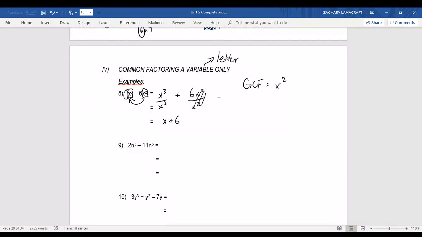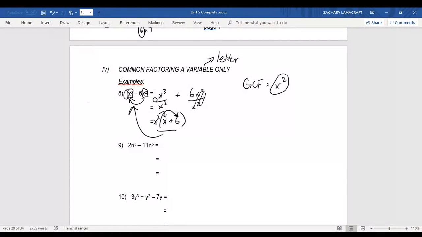So our factored form would be, we take that greatest common factor and put it in front of the bracket, and we're left with x squared bracket x plus 6, meaning if we multiplied this inside of it, we'd come up with the same answer we started with. Okay?